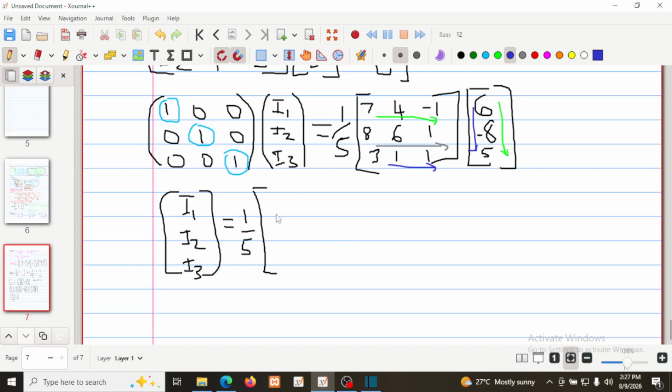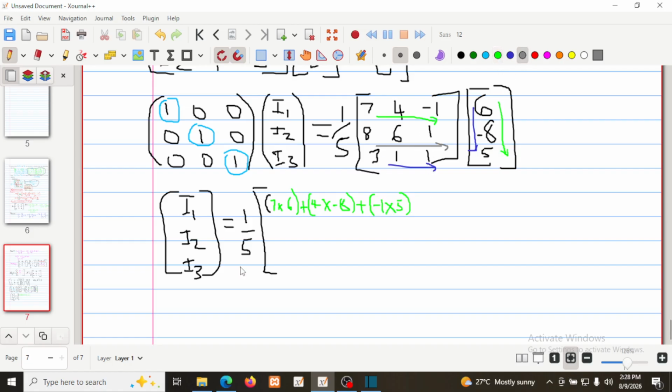So what will it be? We'll have 7 times 6 plus 4 times negative 8, then added to negative 1 times 5.